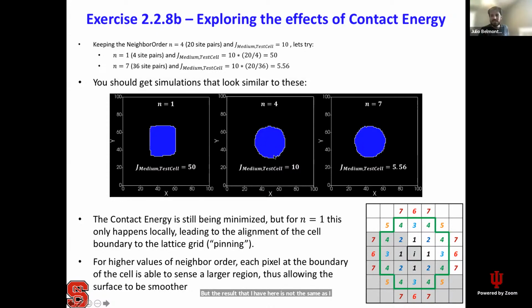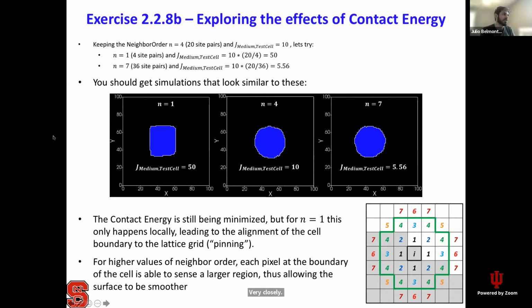So why did we not get this? And the same thing here, I decreased the contact energy, and here, okay, maybe this kind of worked, but this one definitely did not work very well. And the reason it did not work very well to reproduce this one is that when you do your site flips, you're still looking very closely at the neighborhood of your lattice sites.